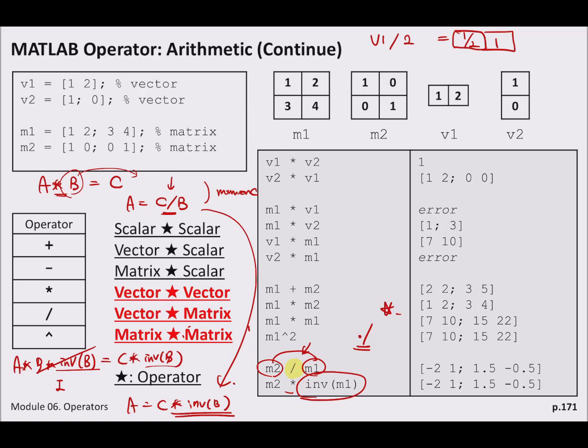I highlight this point several times, right? So dot multiplication is not the same as the multiplication. The dot caret is not the same as the caret, and dot division is not the same. So these are different. Make sense? Okay, good.